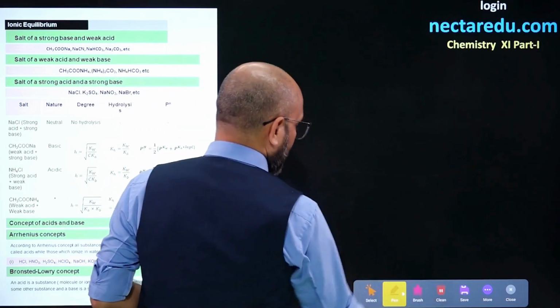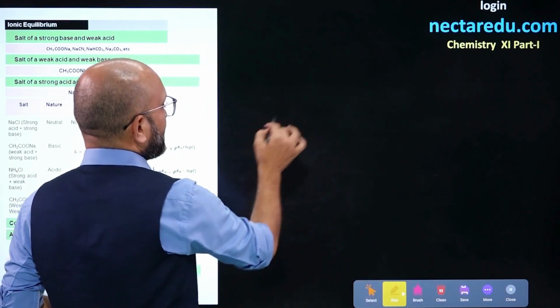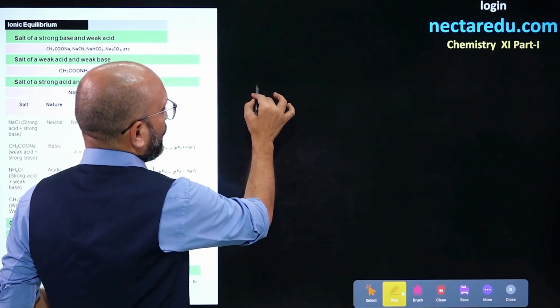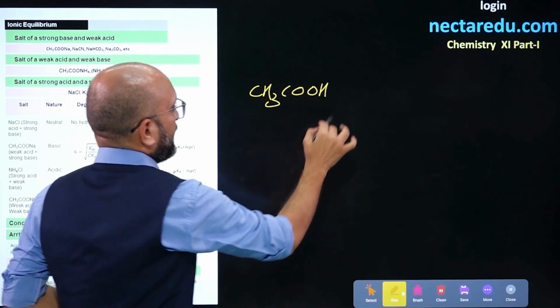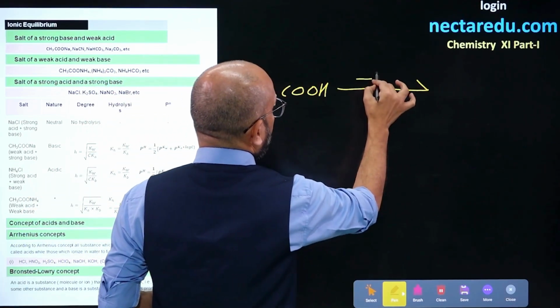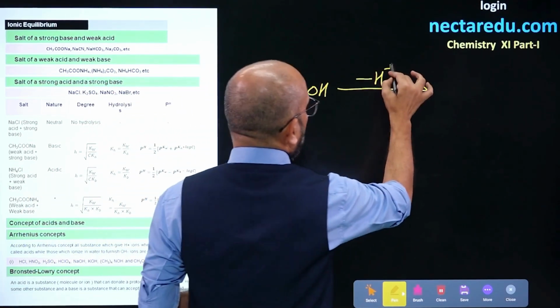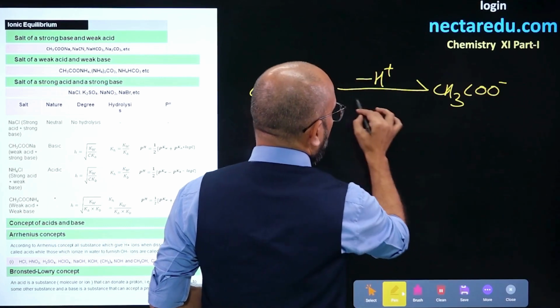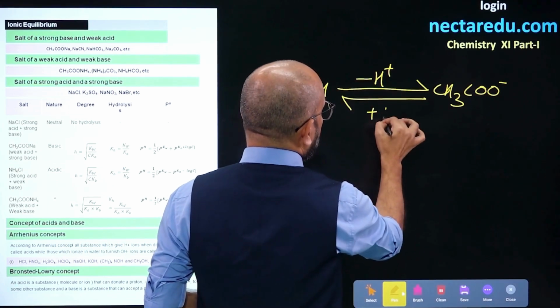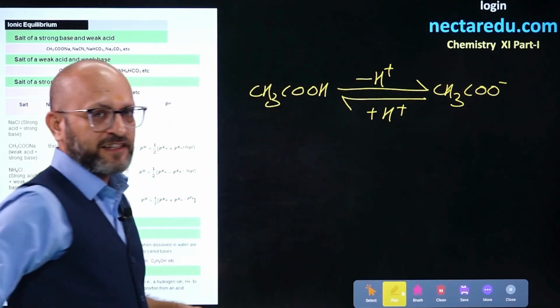And there is a concept, conjugate acid base theory. For example, if you have acetic acid, it gives out H plus, it forms acetate, right? And if you add H plus, it forms acetic acid back.